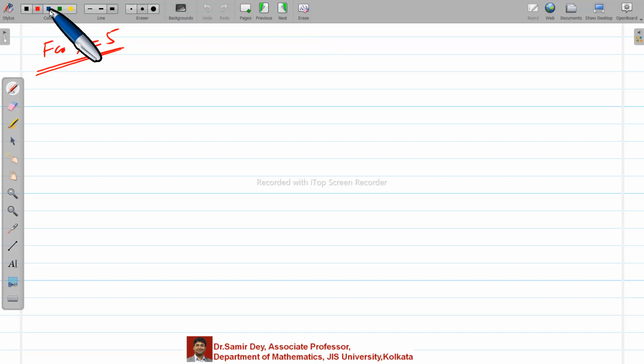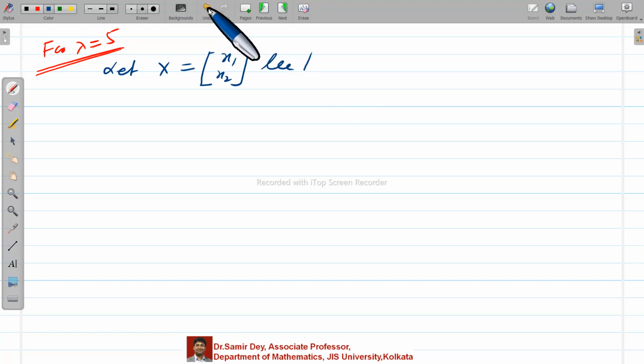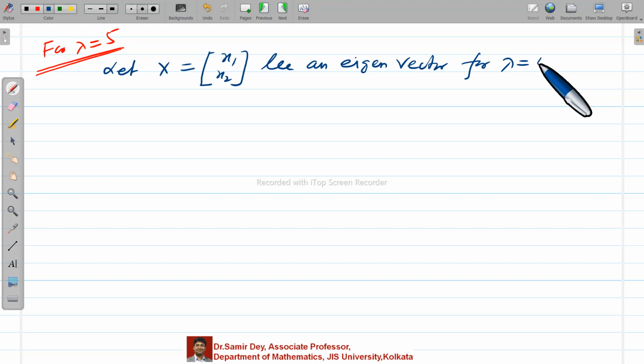Now, first you write down: let capital X equal x1, x2 be an eigenvector for lambda equal to 5 such that AX equals lambda X. So you know what is your A?